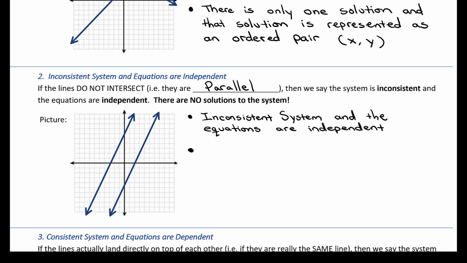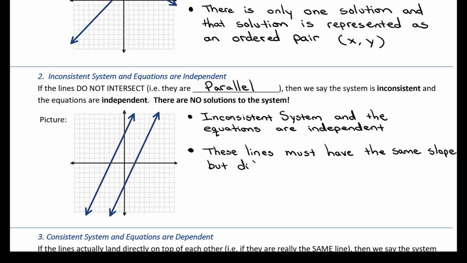Now for this particular solution, even though the equations are independent, the slopes here are the same for these lines because they never intersect. So these lines must have the same slope.